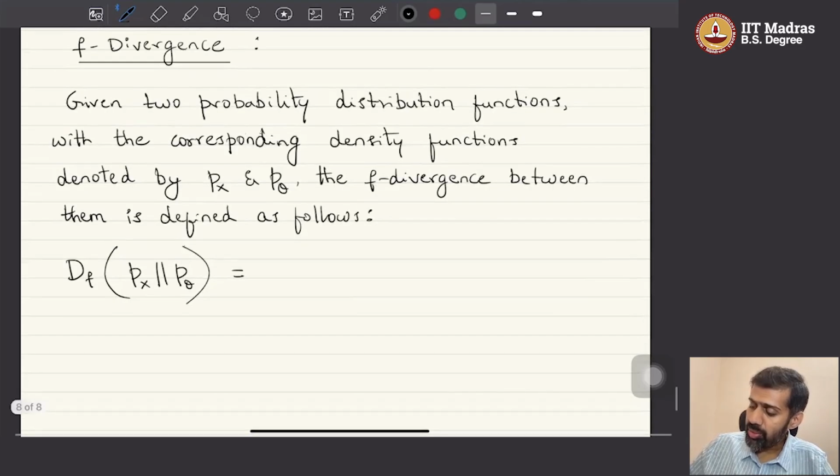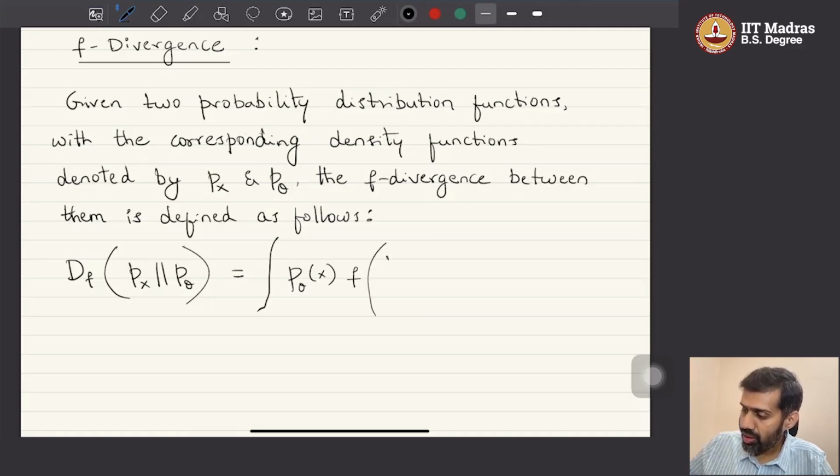So the f-Divergence between px and p theta is defined as the integral of p theta valued at x times f of px valued at x over p theta at x, dx, and the integral is over the space over which the random variables are defined.